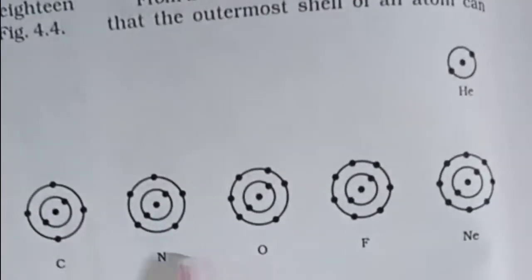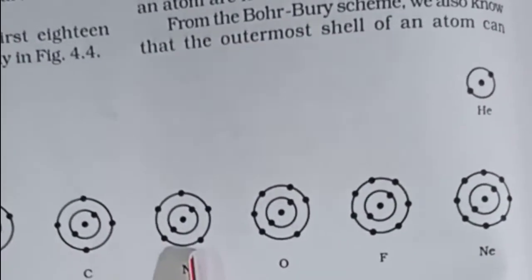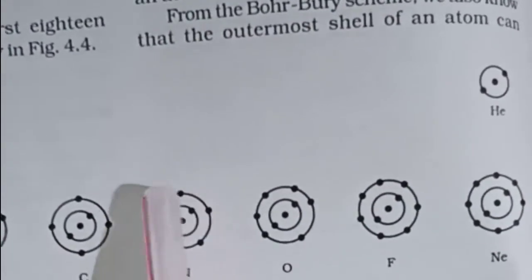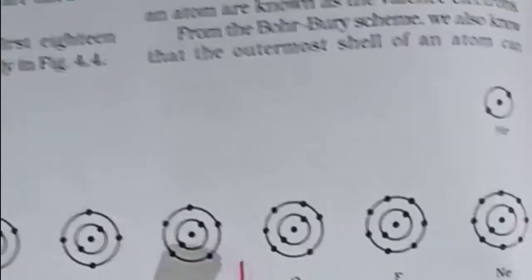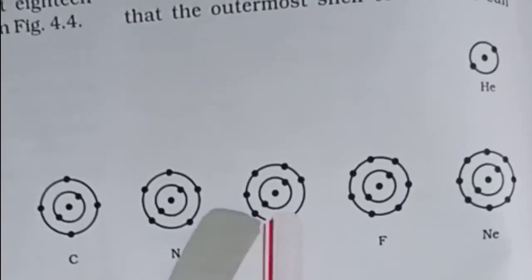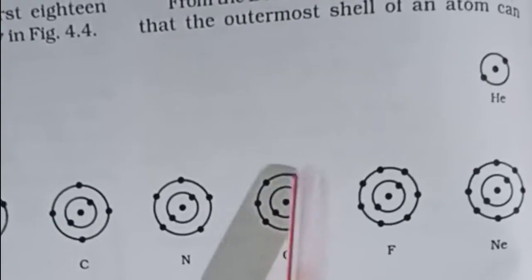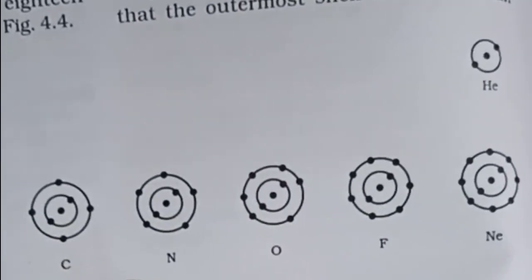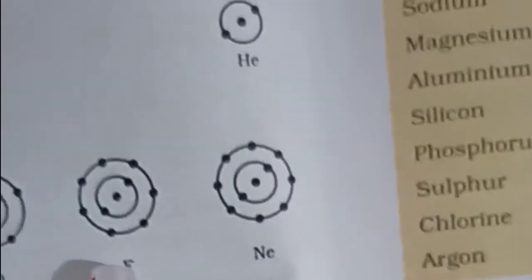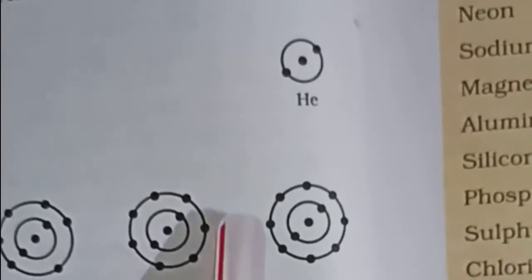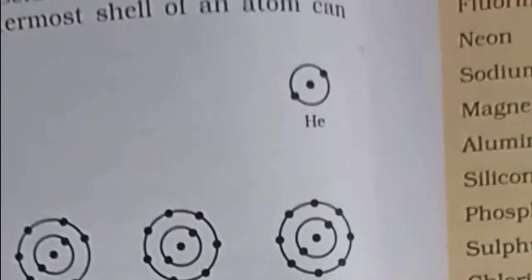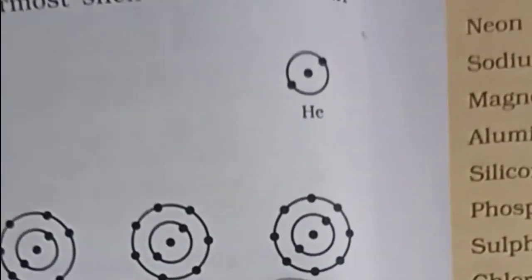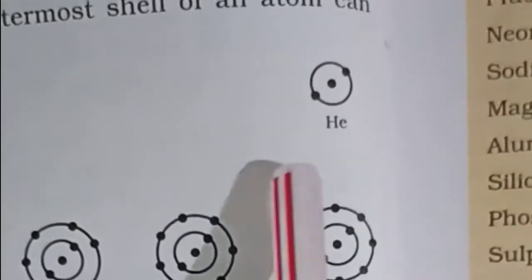Nitrogen, first orbit 2, next one 5. Oxygen, first orbit 2, second orbit 6. Fluorine, first orbit 2, next one 7. Then neon, the first orbit 2 and the second one 8 electrons.